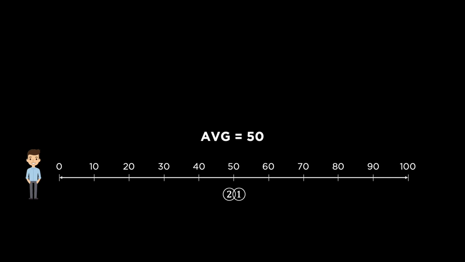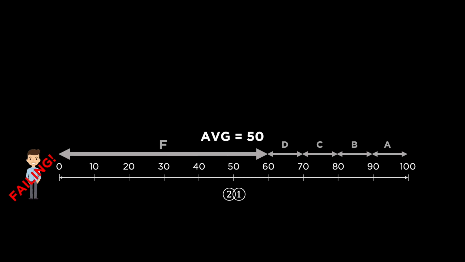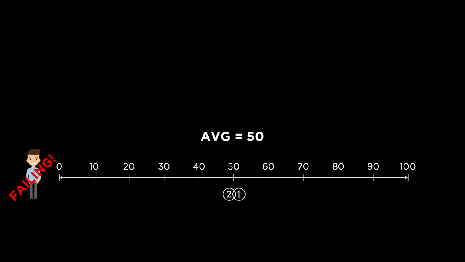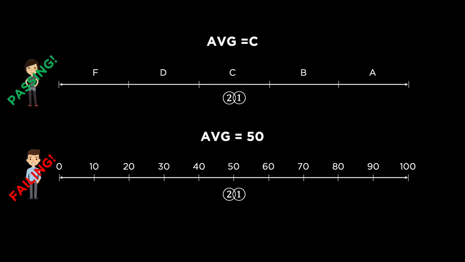But wait a minute. An average of 50 for Percy is a failing grade, because anything below a 60 is failing. But Abby got a passing grade of C. How can that be? Because after all, both kids performed equally, right?